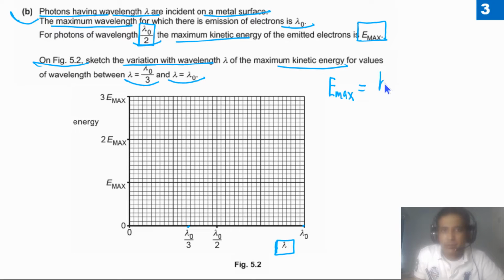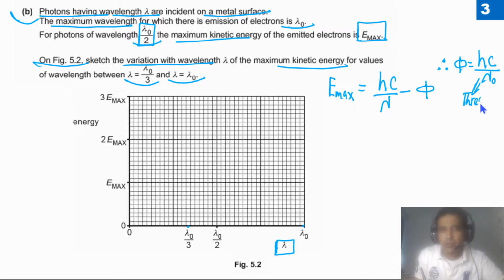This is equal to hc over lambda, the wavelength of the incident photon, minus the work function. But we need to understand the work function. This is equal to hc over lambda naught, and lambda naught is the threshold wavelength.